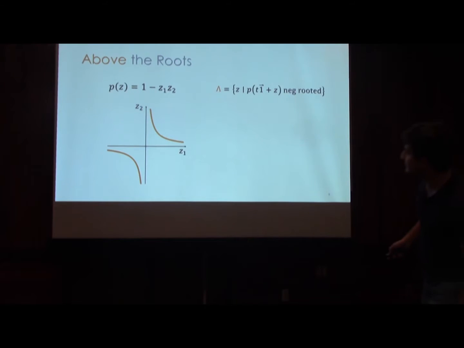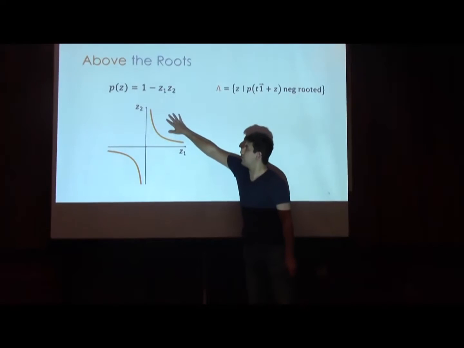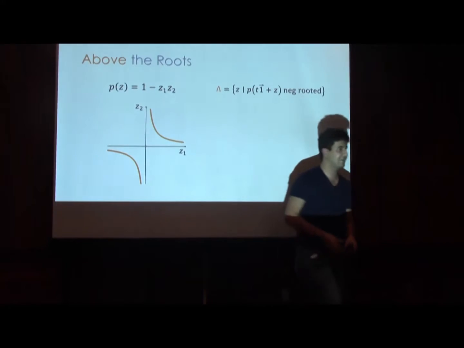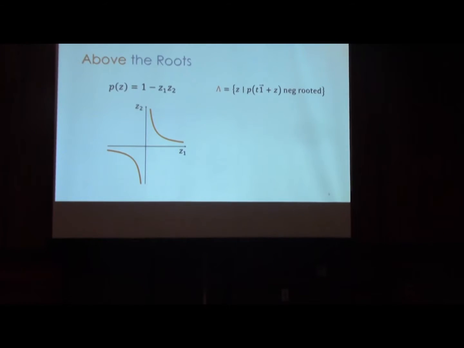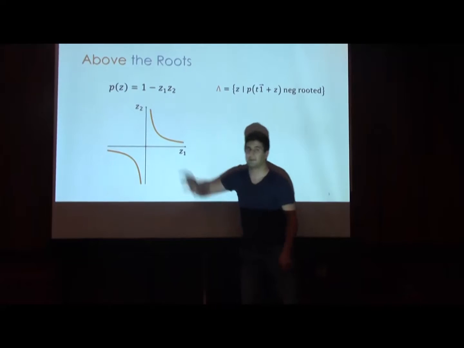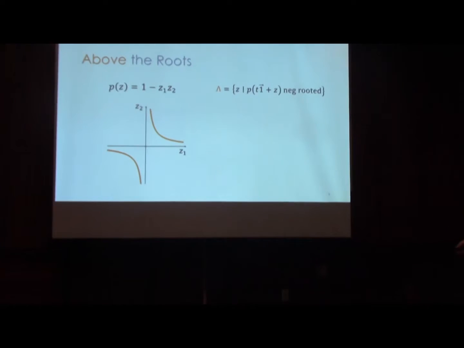I think the projector is not showing this very well, but this whole part is supposed to be colored. So that's what I mean by above the roots. Not this part, just this part. So this would be the set of points such that they are the maximum root of these linear restrictions.